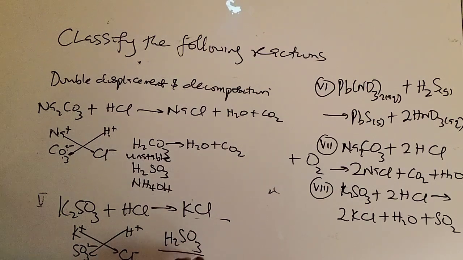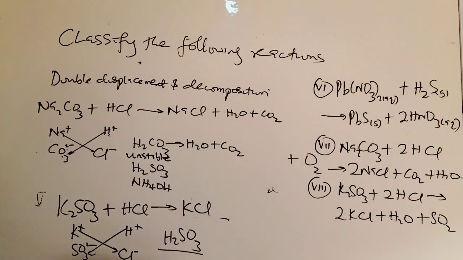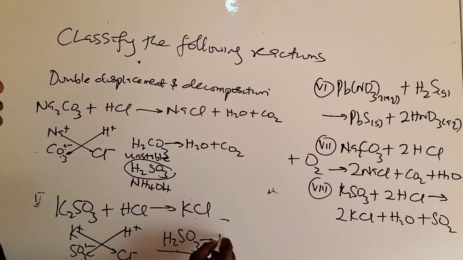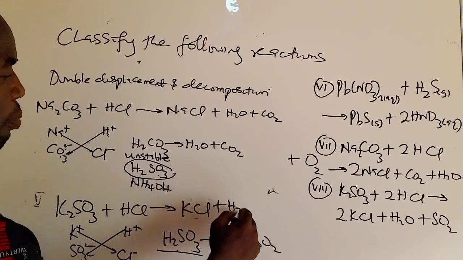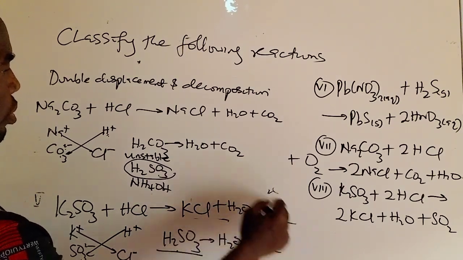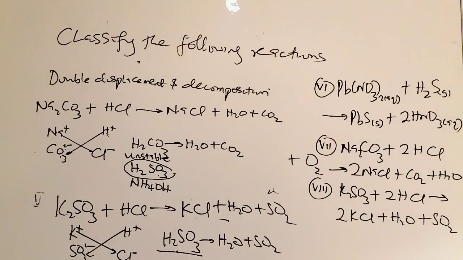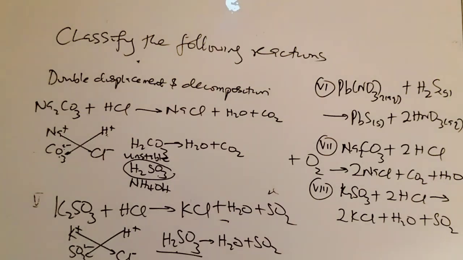But the product we have on that is H2O and SO2. What happened is one of the compounds we say can decompose. You can see it there. It gives you water and then SO2. So the reaction is similar to the above, to number 7, which is double displacement and decomposition taking place. So the two reactions are similar to each other.